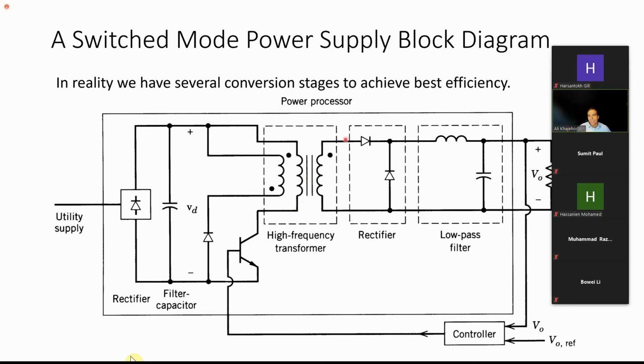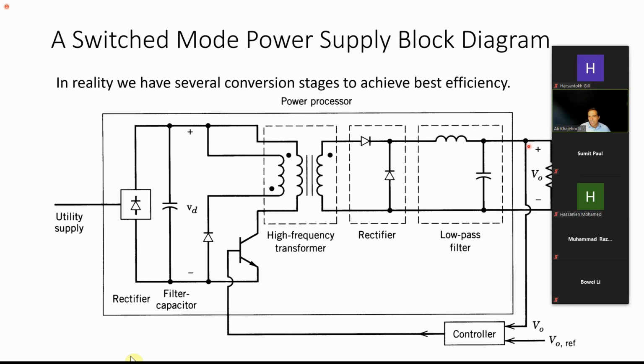And then you're going to rectify that AC that you created. So using this transformer, you can go, let's say, from 400 volt to 10 volt with just the turns ratio. And then you turn that back to DC and filter it. And then you get a pure DC output here. And when I say pure, almost pure, because you always have some kind of ripple.